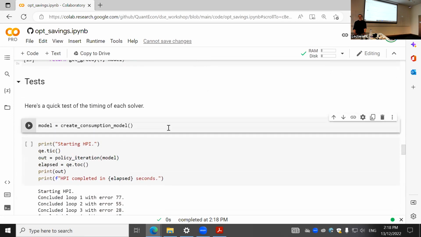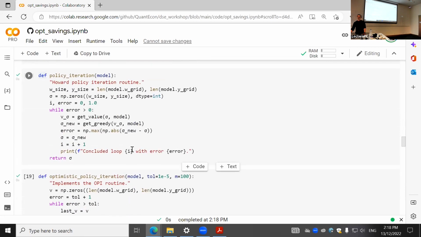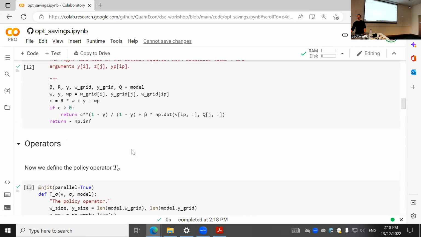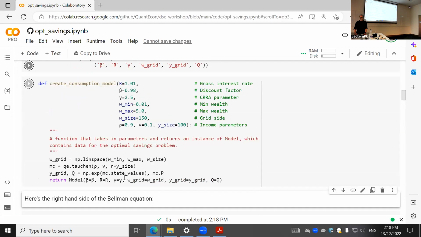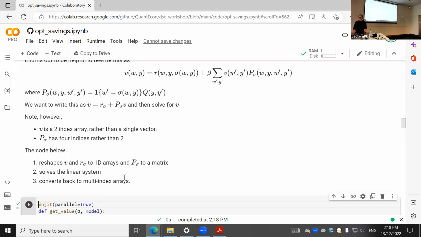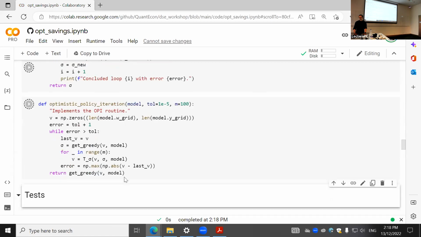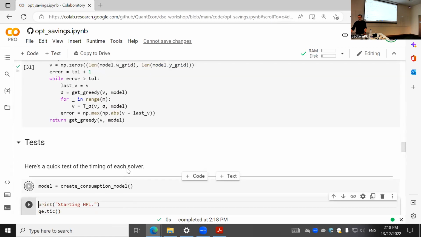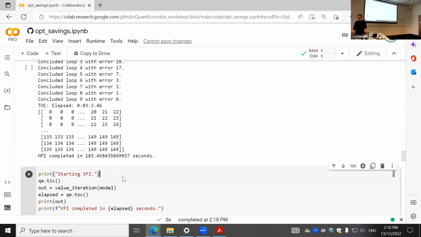Okay, so now we can test and see how long these take to run. To make it a bit more interesting, let's print out some messages if things go wrong. Let's try value function iteration and see how that goes.